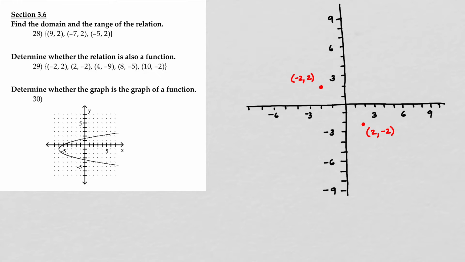And so what I'm looking for is if there are 2 points that line up vertically. So 2 points that have the same x value and different y values. And if I do have that, then the relation is not a function. 4, 9 would be right about there. Oh, it's 4, -9. 4, -9 is going to be down there.